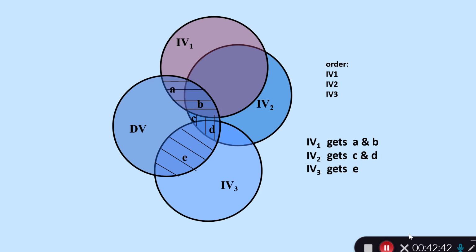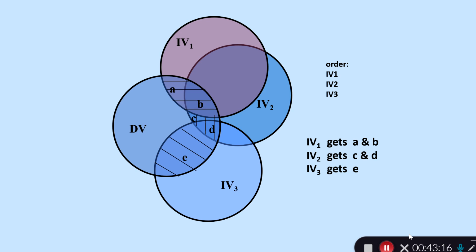Okay, but if we do a hierarchical regression, it changes. If we entered the variables for this particular model in the order IV1 first, IV2 second, IV3 third, for whatever theoretical reason, this time we find that IV1 contributes the area that's covered by both A and B. So the amount of variance explained by that variable is now contributing more to the model by using a slightly different method.